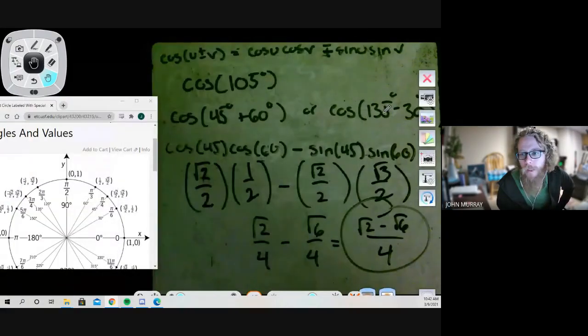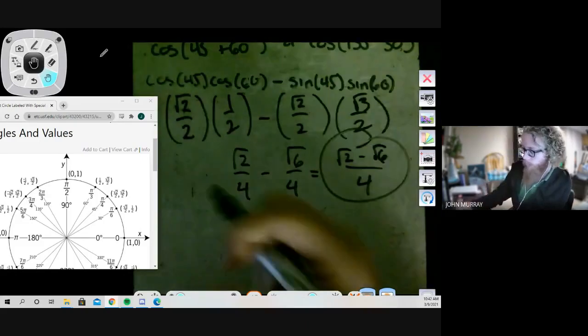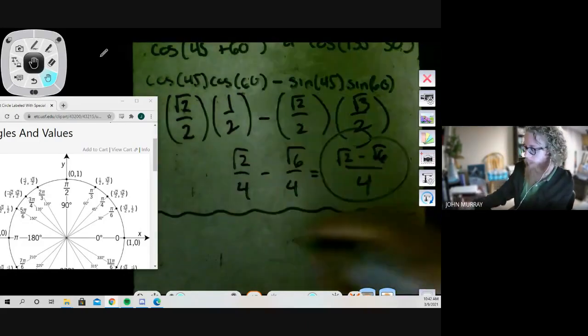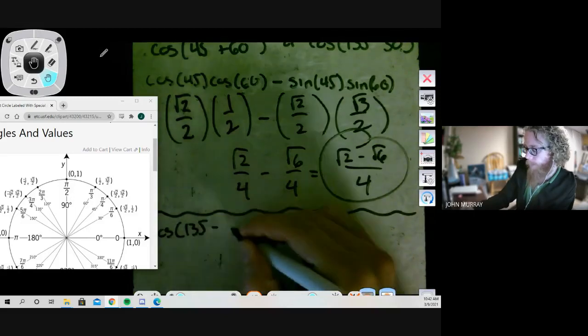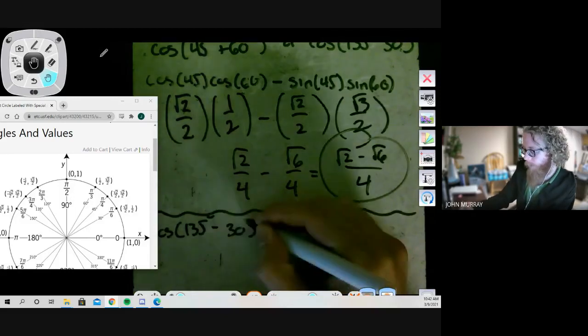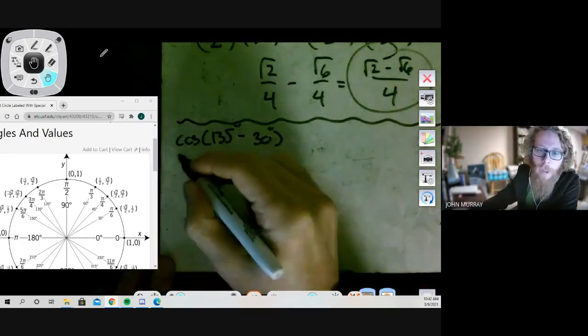Let's see if we get the same thing when we're doing this, because that's actually going to be a little interesting. So now I'm going to redo it as cosine of 135 minus 30 degrees. All right, hopefully I have enough room.